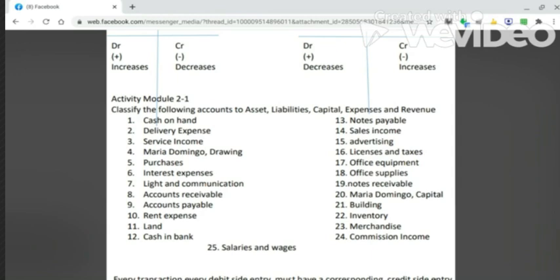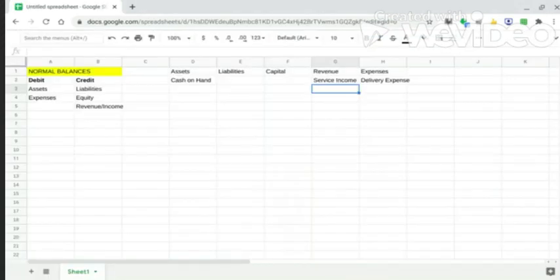Next is the Maria Domingo, drawing. Okay, so for those who don't know this account title yet, kapag may nakita kayong drawing account, that means si business owner nagwi-withdraw siya ng investment niya from the business. So this is a transaction between the business and the owner itself.